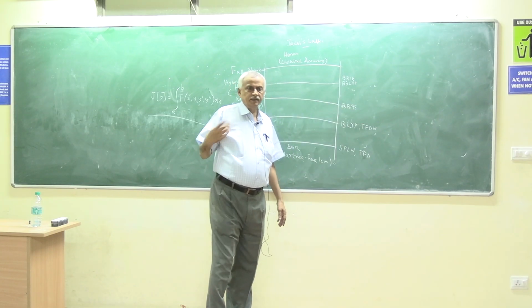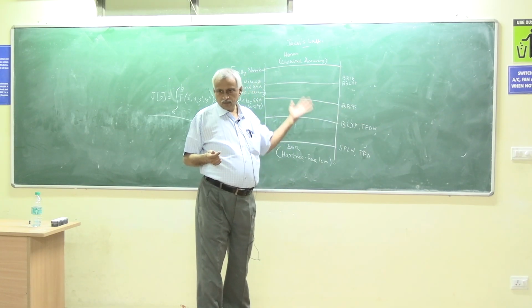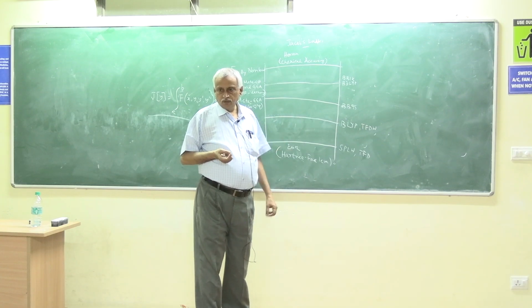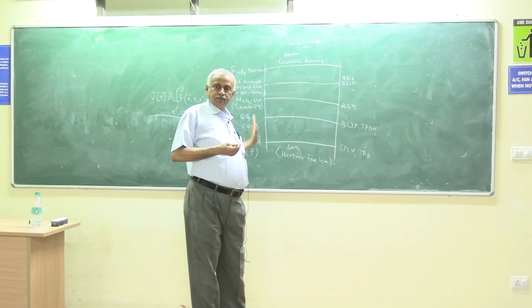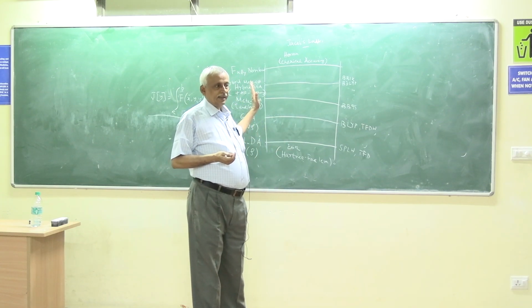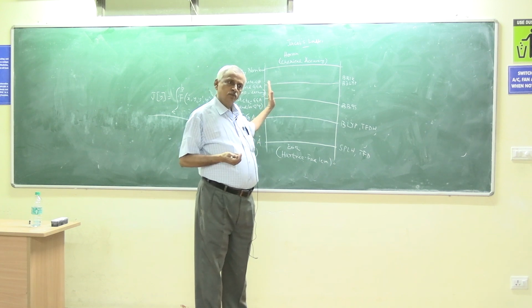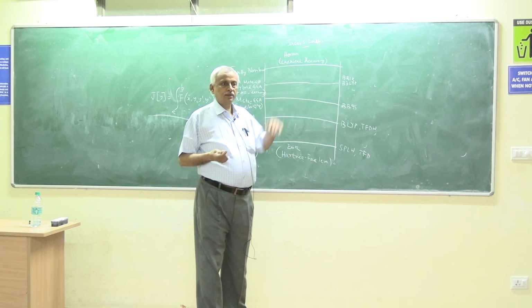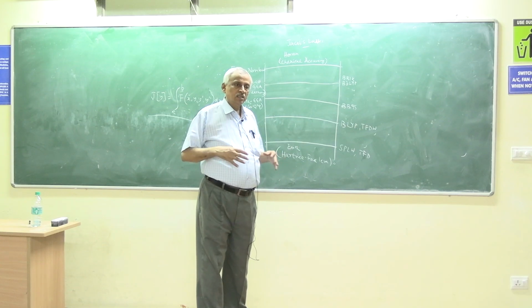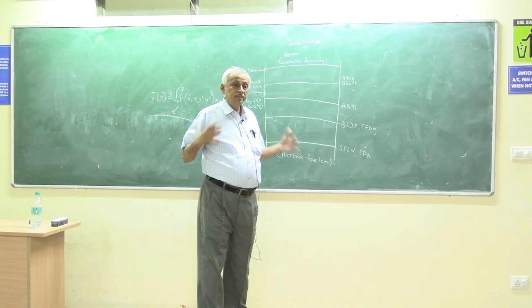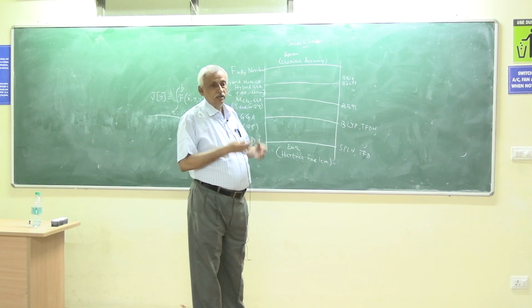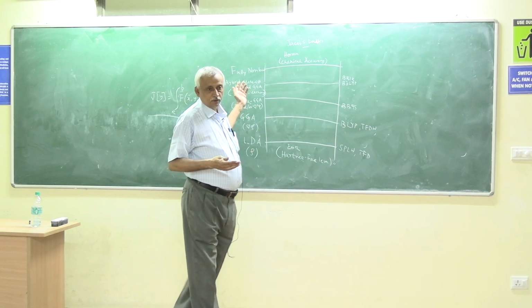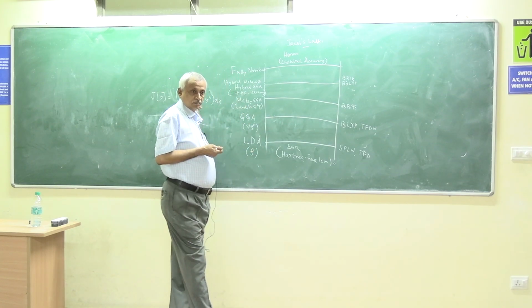You have to find out which functional is under which category. Okay. As you go up, accuracy improves, but the time required also increases very quickly, and particularly if you have a larger system, you may not be able to even apply many of them.